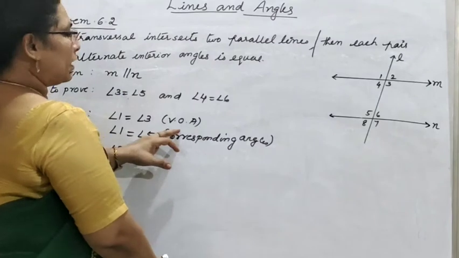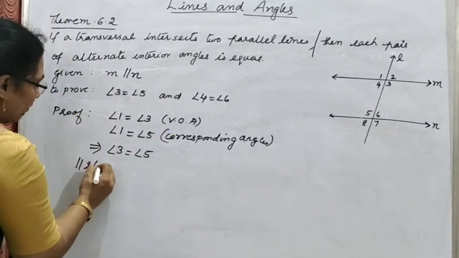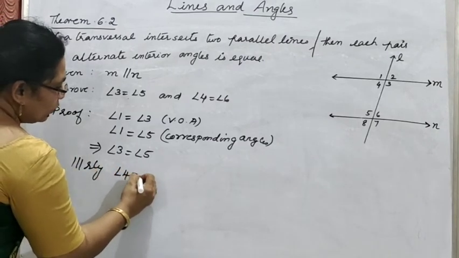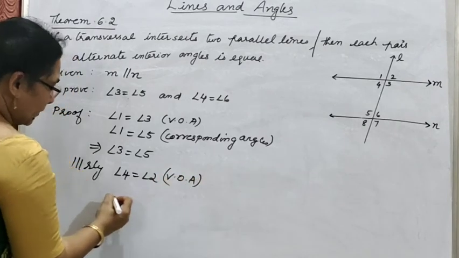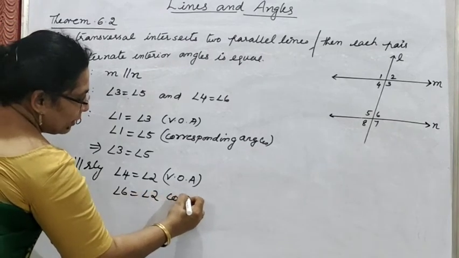So first the vertically opposite criteria we have used, so I'll write here similarly: angle 4 equal to angle 2, vertically opposite angles. Now angle 6 is equal to angle 2, corresponding angles.